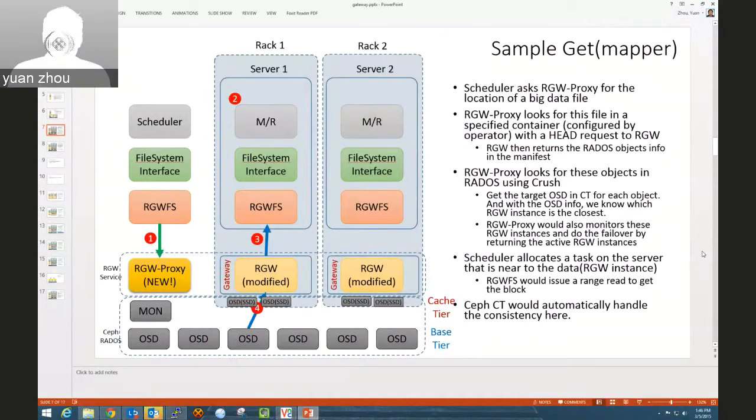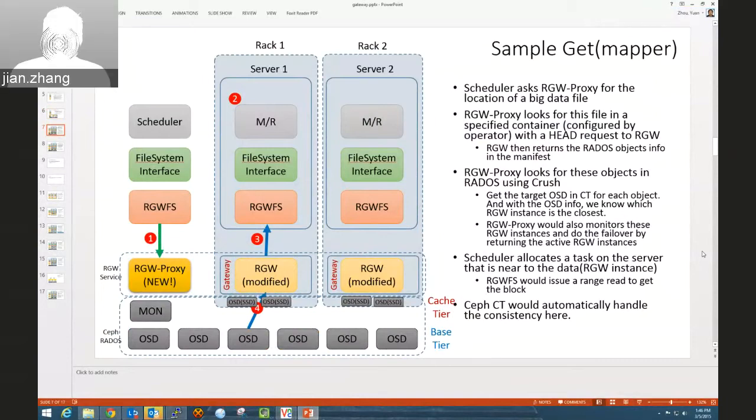Okay, so then it goes to the normal flow. The scheduler would try to send the task to the server that's on the same rack, and RGWFS would need to issue some range reads to get the blocks.